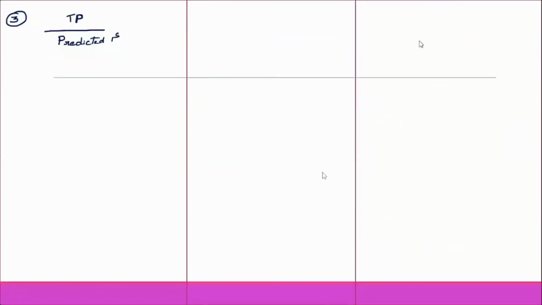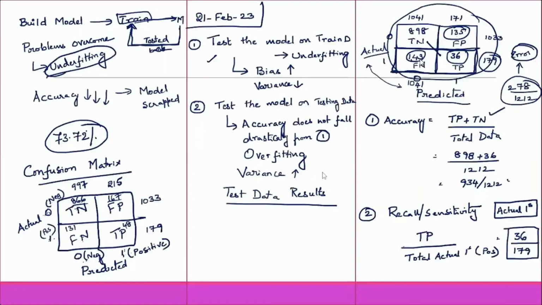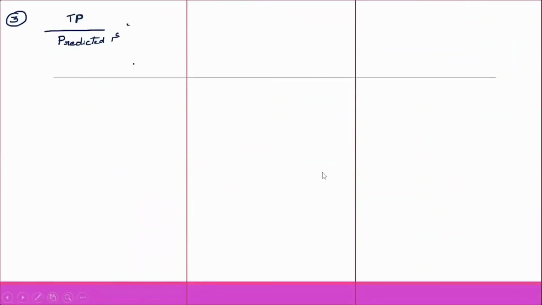So here we have 135 plus 36, which is 171. Out of that 171, 36 are correctly predicted. So 36 by 171 is what we call precision in prediction.